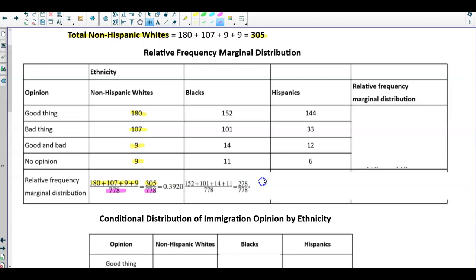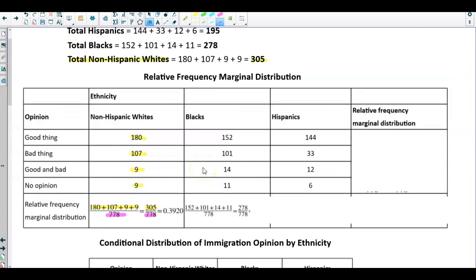Next, we find the total of the next column, which represents blacks. For total blacks, we add up 152, 101, 14, and 11, which gives us 278, and you can see that we get that total there.